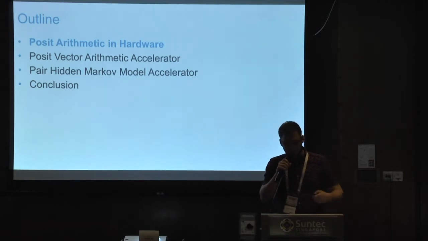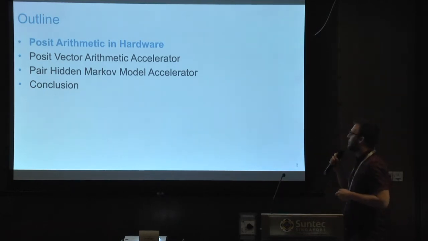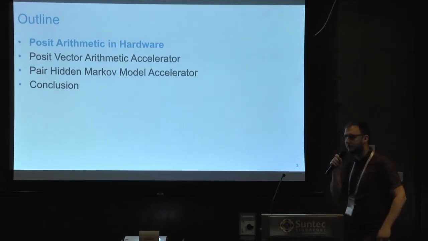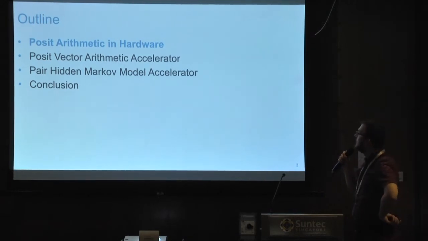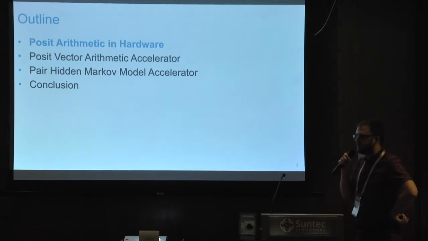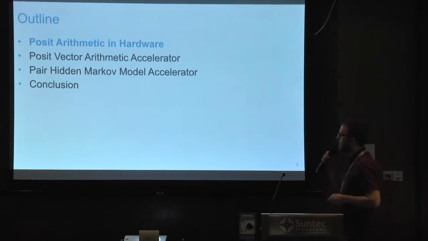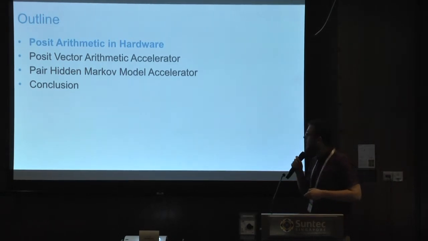We were able to drop in and replace the floating point arithmetic almost very smoothly using the Posit arithmetic hardware that we created. It was interesting in that accelerator to see what the effect on the accuracy would be. This is an application that is used in bioinformatics.